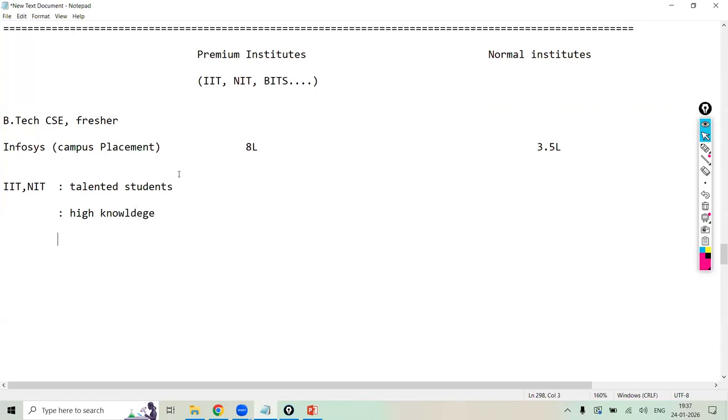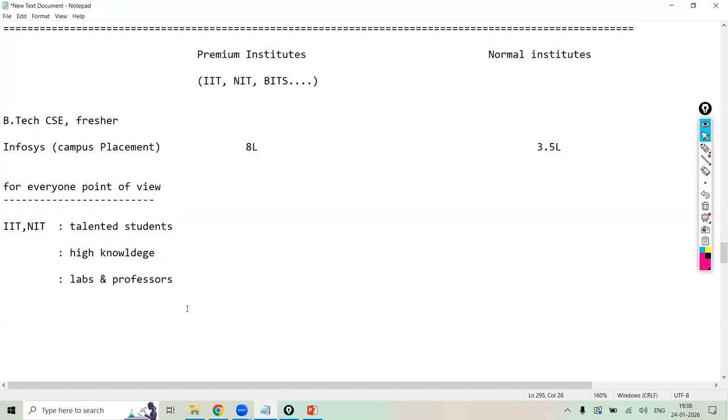Third, knowledge means their talent, and their labs, and the professors are also very high. All these things are from everyone's point of view. But this is not the actual reason. This is not the only actual reason. First, the actual reason is this one.